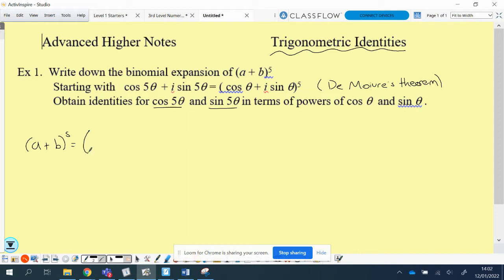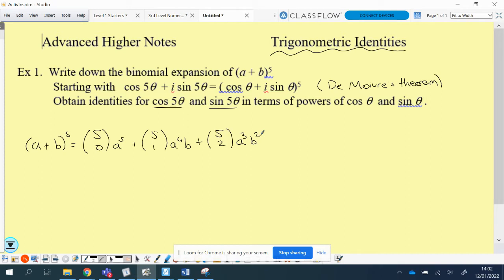We get 5 choose 0, a to the power 5, plus 5 choose 1, a to the power 4 times b. And we can see the pattern. As the expansion goes on, the first power decreases by 1, and in the second term the power increases by 1 each time.